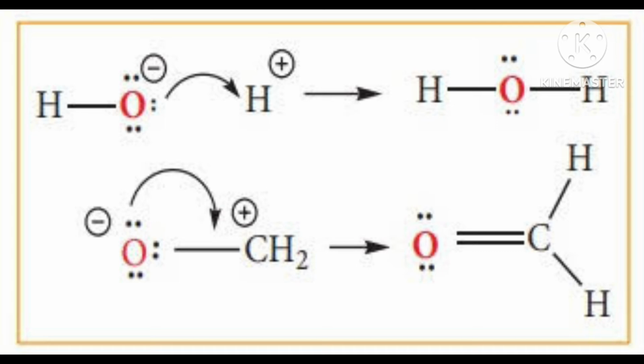To show the change in position of a pair of electrons, the curved arrow starts from the point from where an electron pair is shifted and it ends at a location to which the pair of electrons may move.